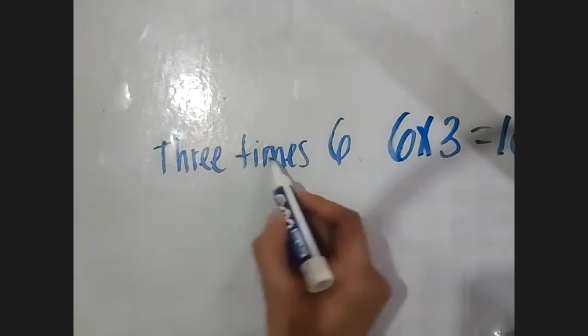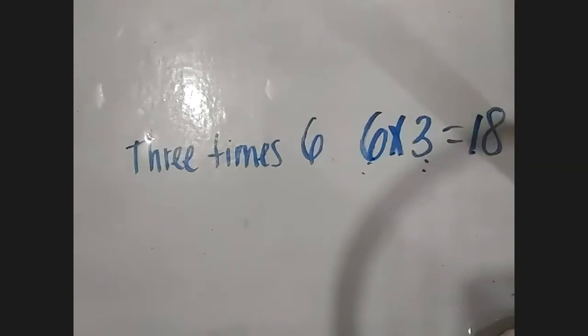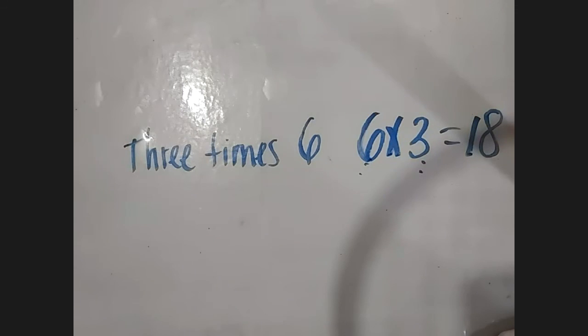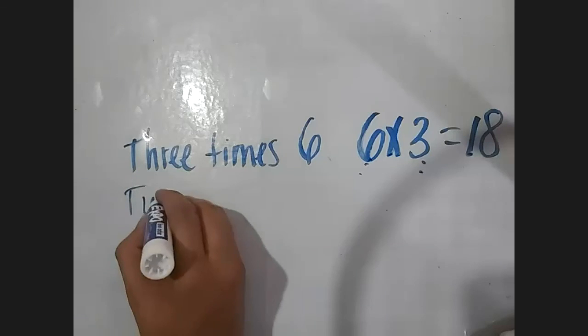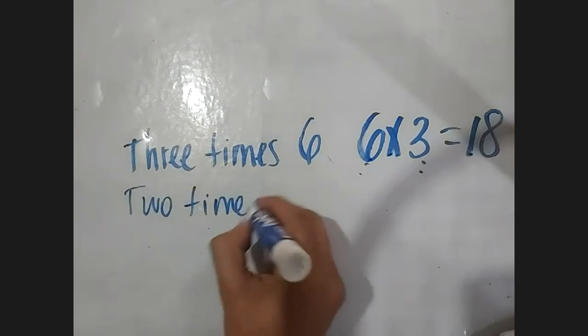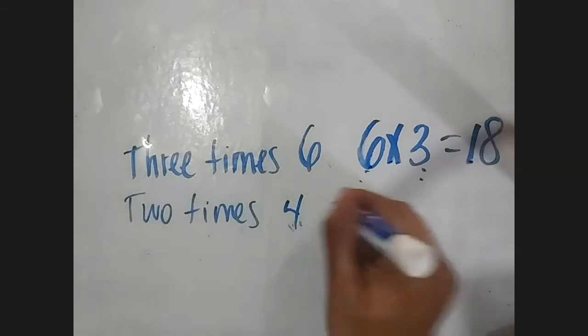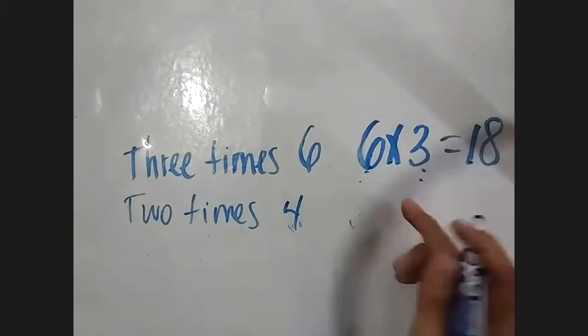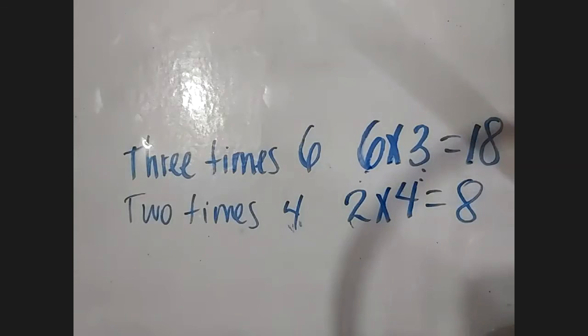You can write 3 times 6, 3 and 6, or 6 and 3. It's the same, right? Remember, commutative property. The order doesn't matter, right? The next one, what does it say? 2 times 4, 8. Good. And you can write it there. 2 times 4, 8. Very good.